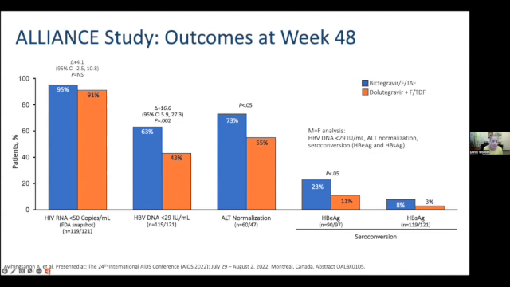This included hepatitis B virologic suppression at week 48, as well as normalization of liver function tests, both of which were statistically higher in the TAF-containing regimen. There was also improvement in seroconversion, both e antigen and surface antigen, at least trending that way for surface antigen, and statistically significant with respect to e antigen seroconversion.